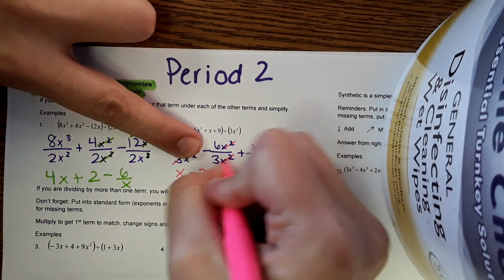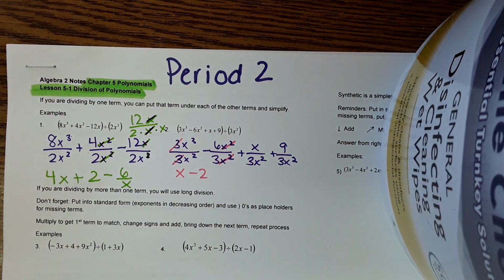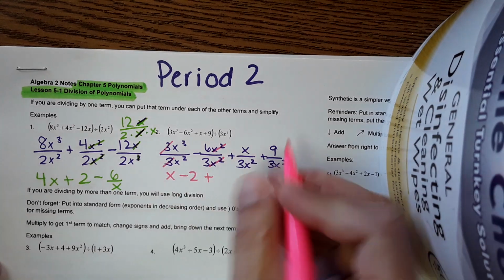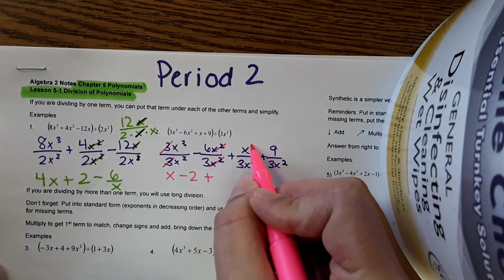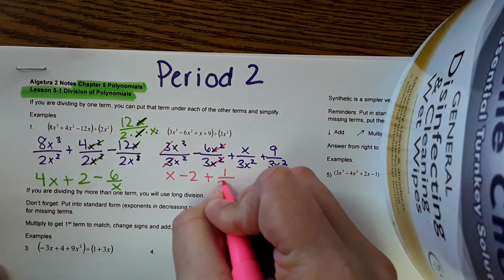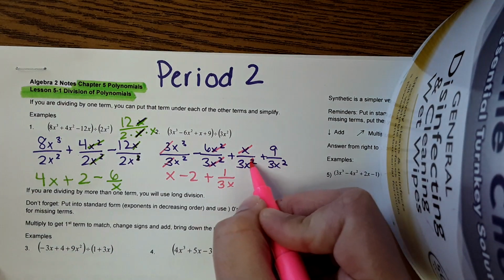The x squared divided by x squared is just 0, so it's just 6 divided by 3 to get that. For the next one, x over 3x squared. Well, one of the x's would cancel, and then you're left on the bottom. Here's how it would look. 1 over 3x. This would cancel, and then one of these would cancel.